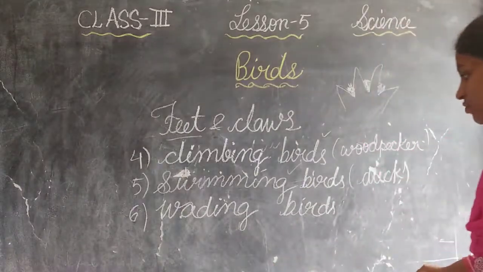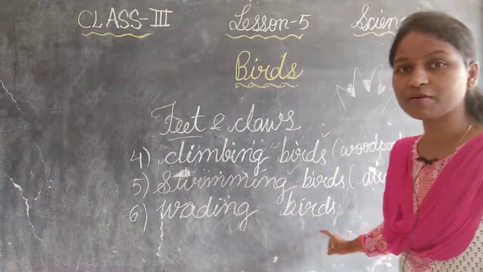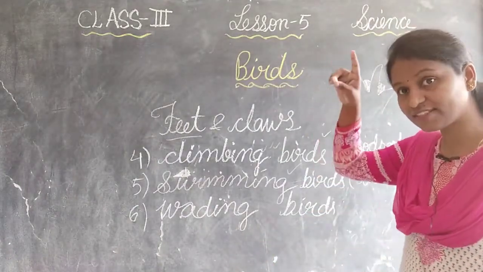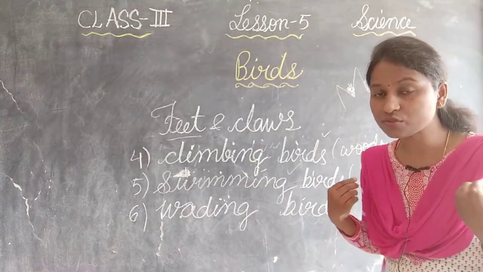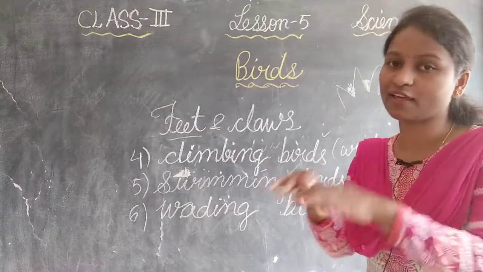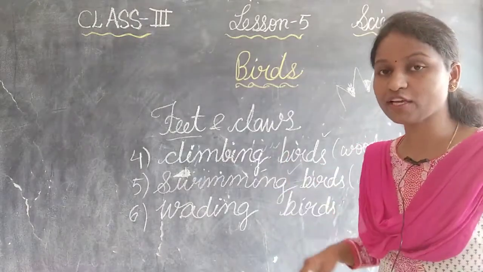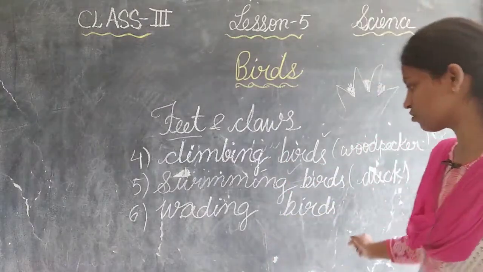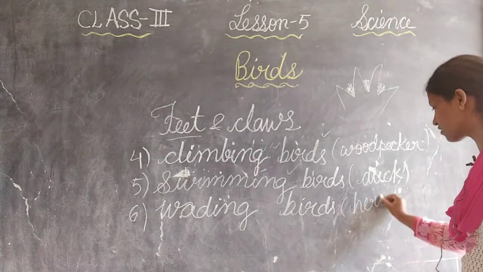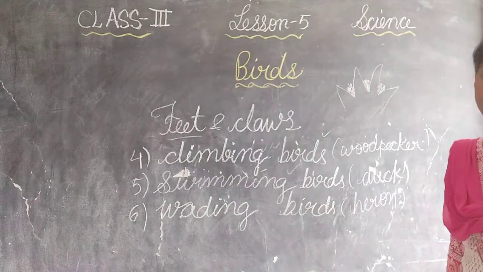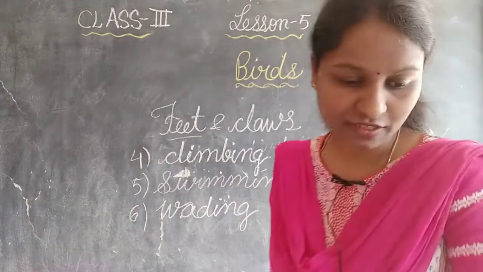Next is wading birds, which have long and slender, spread out legs, so whenever they go into muddy water they do not get wet. These are herons and cranes, examples of wading birds. So this topic has been completed.